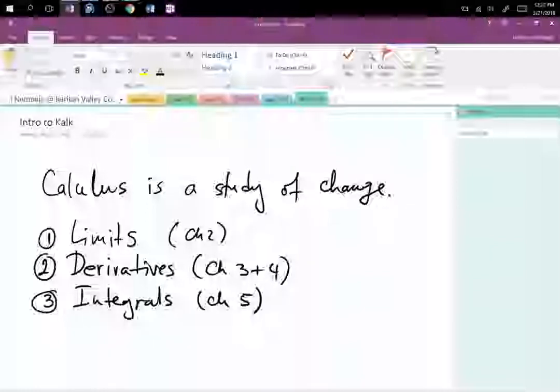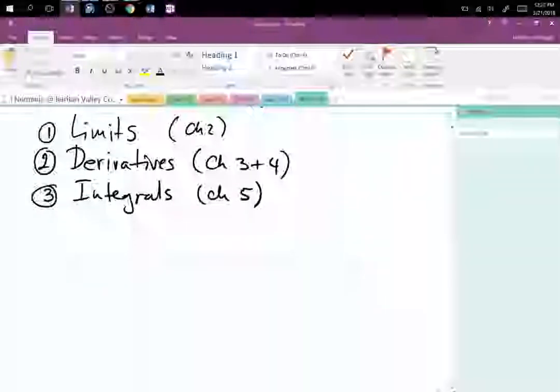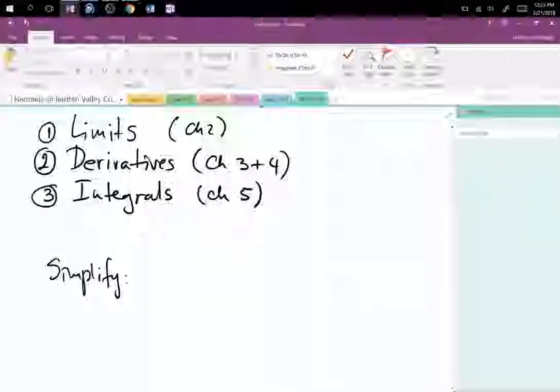Now, why study calculus? Well, if you take a look at the top sentence, calculus is the study of change. See, in pre-calculus and in algebra, concepts and ideas do not evolve, do not change. They're stationary, right? If you take a look at an algebraic problem, it says simplify, let's say, 3x to the 4th times 4x to the 5th.